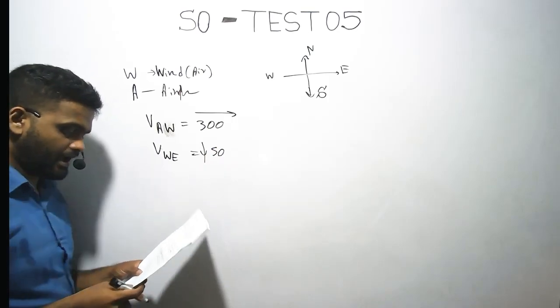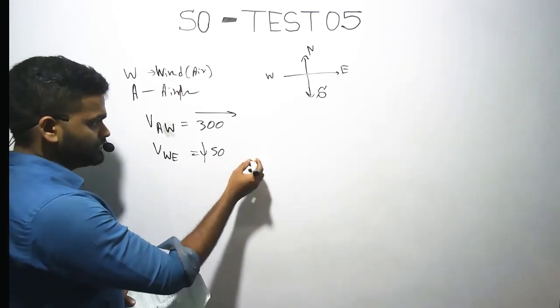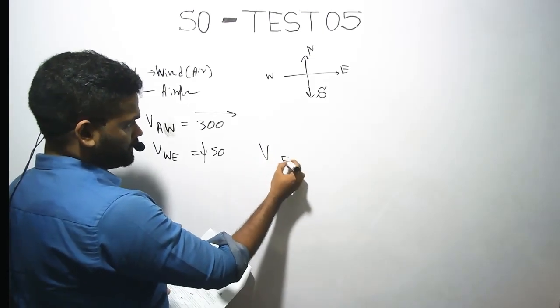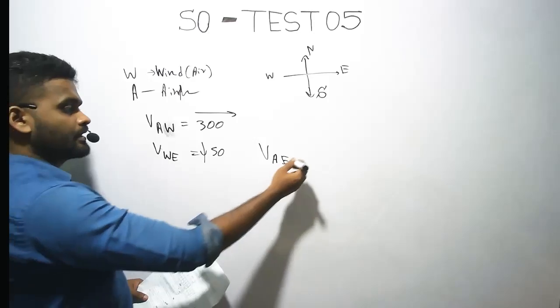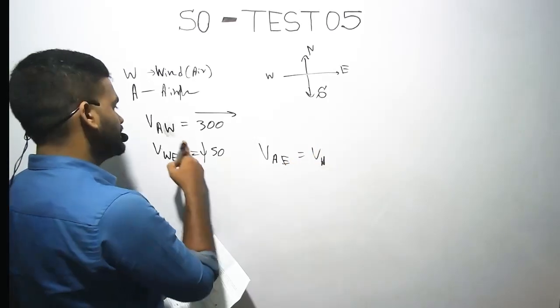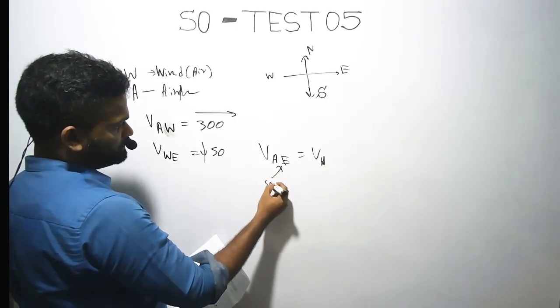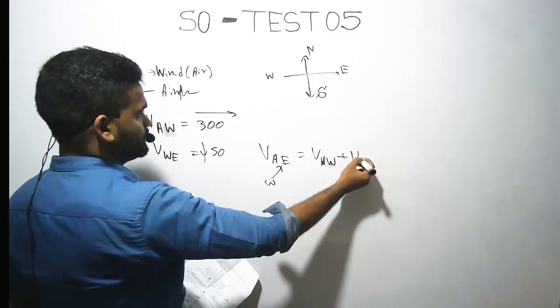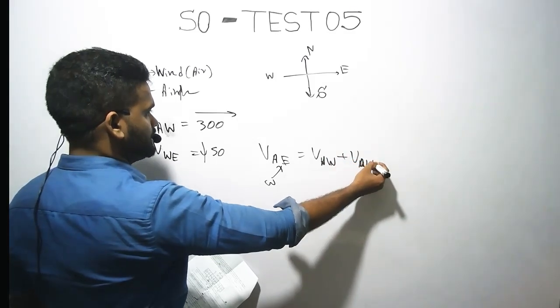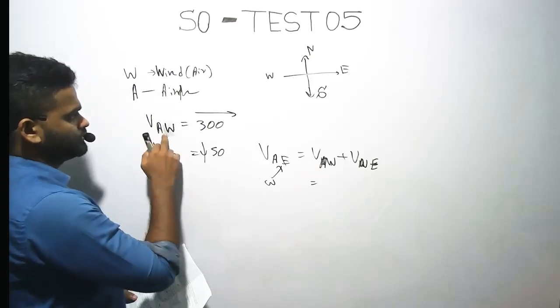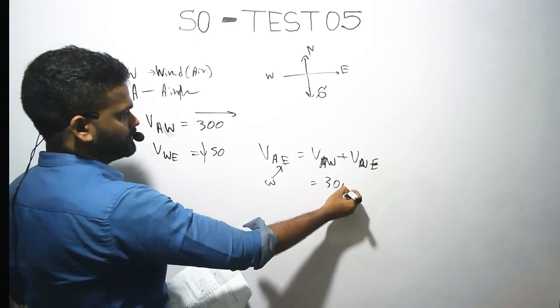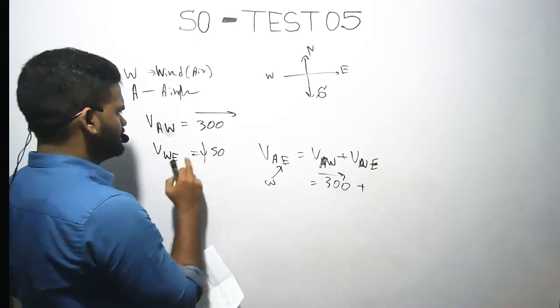What is the airplane's ground speed? Ground speed means the earth relative velocity of the airplane. Airplane is A, so just put a W in between. VAW plus VWE. So what is AW? 300. WE, 50.